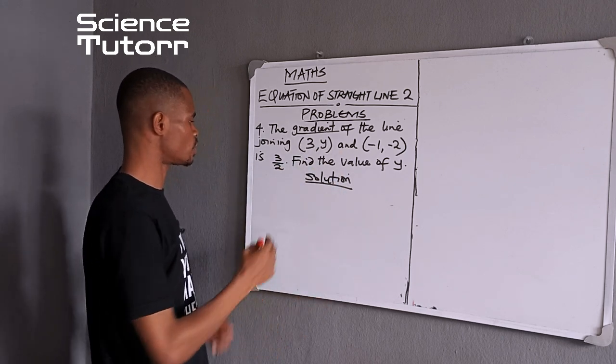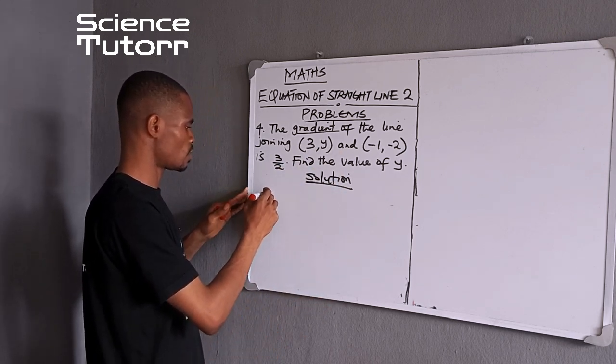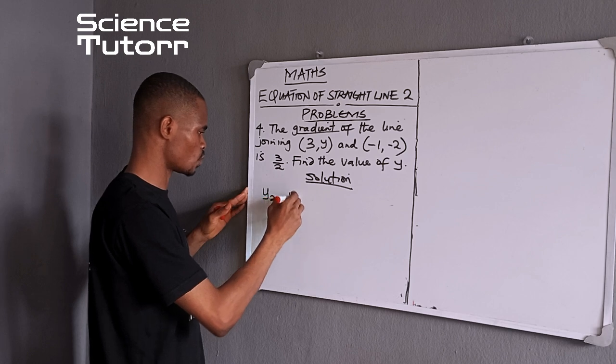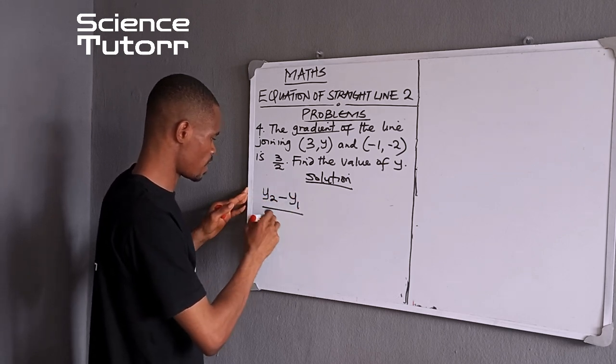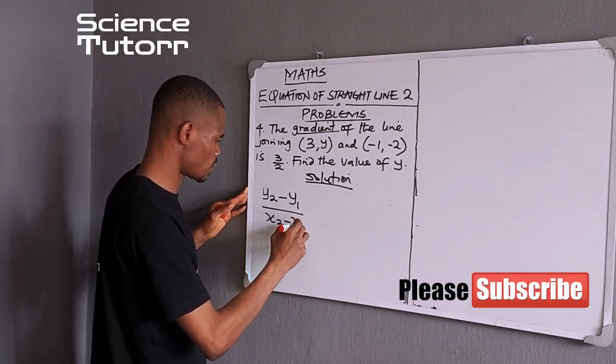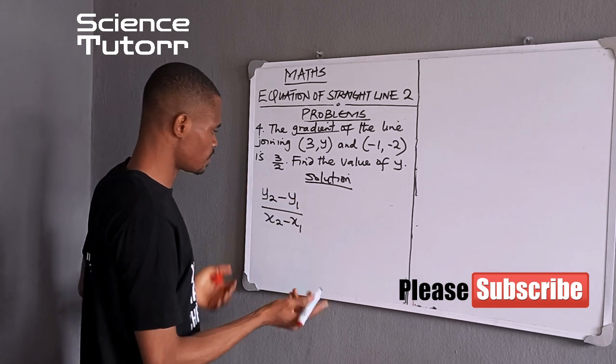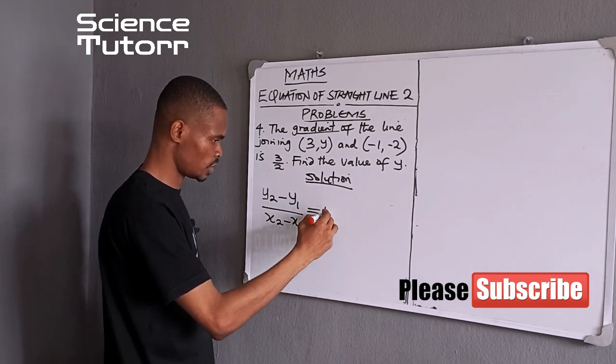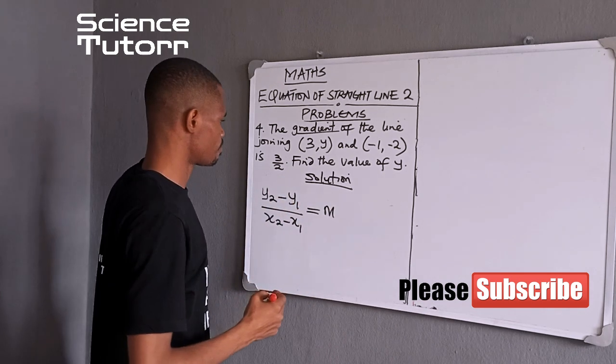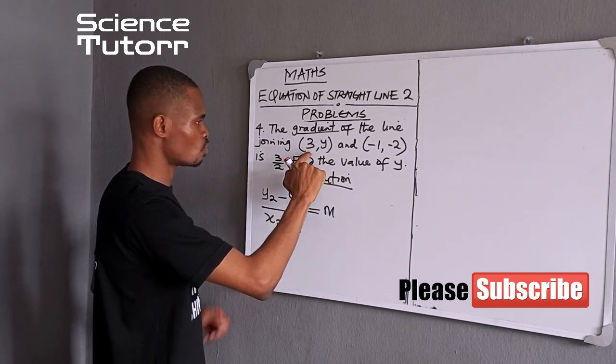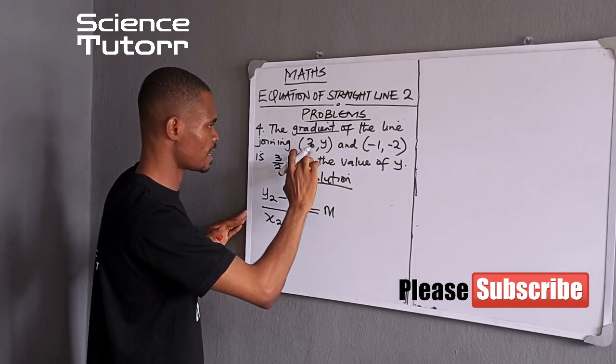So we have the general formula that says y2 minus y1 all over x2 minus x1. This simply gives us the gradient, which is m. So from the information given, we have 2 points like I said earlier.